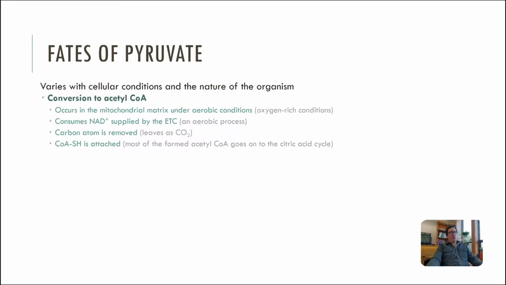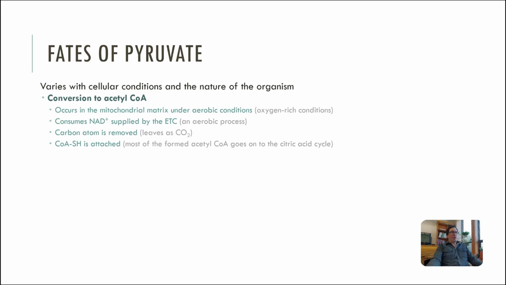Alright, so what happens to pyruvate? Ultimately, a lot of it gets converted to acetyl coenzyme A. This occurs in the mitochondria. It consumes an NAD plus in its oxidized form, which is supplied by the electron transport chain further down. So this NAD molecule is being recycled continuously.